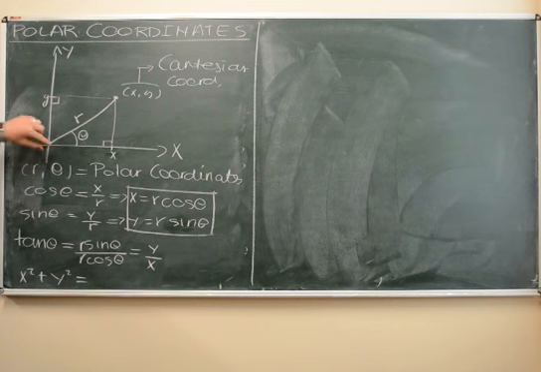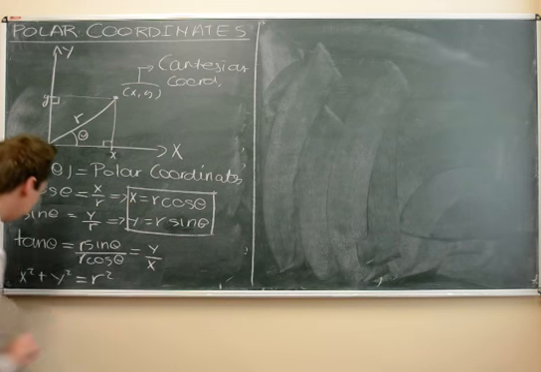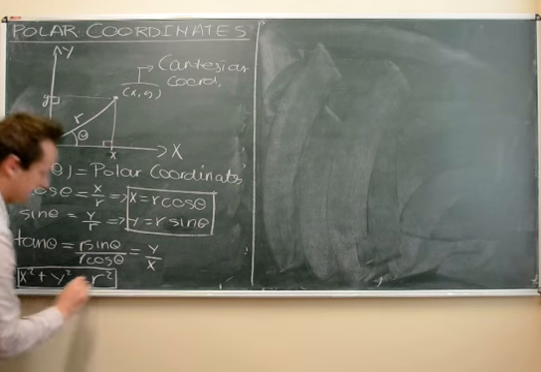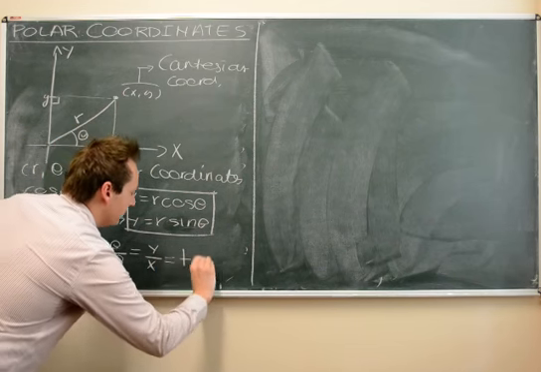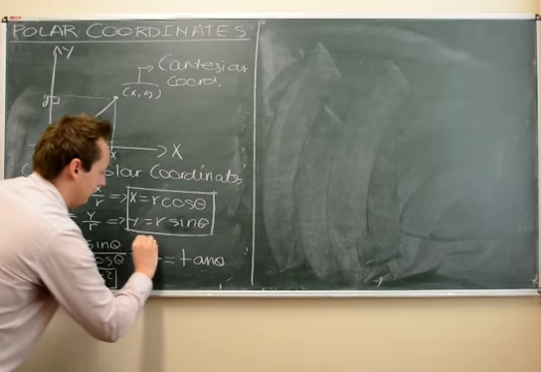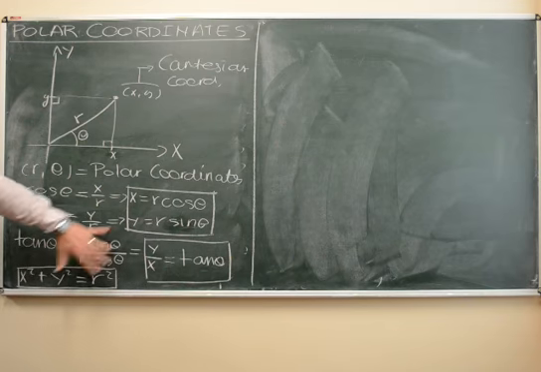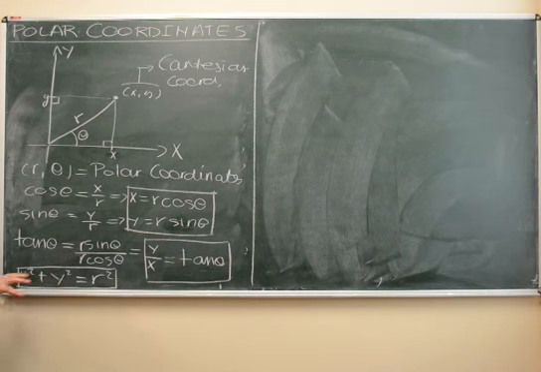Well, here we have a right triangle. We're squaring this side, and we're squaring that side, and we're adding the two together. So that should give us the square of the hypotenuse by Pythagoras' theorem. So that's r squared. So let's write the tan theta over there. So there we have the four very important equations that tell us how to move between polar coordinates and Cartesian coordinates. These are all you need. You can do all the problems with these four equations.